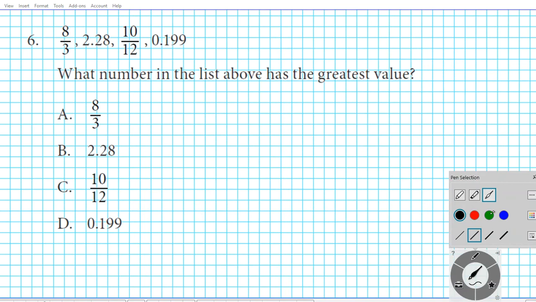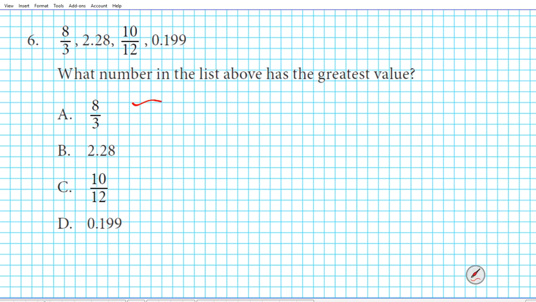Let's consider a tip real quick that you want to keep in mind concerning comparing fractions and decimals. Okay, so let's write this down.